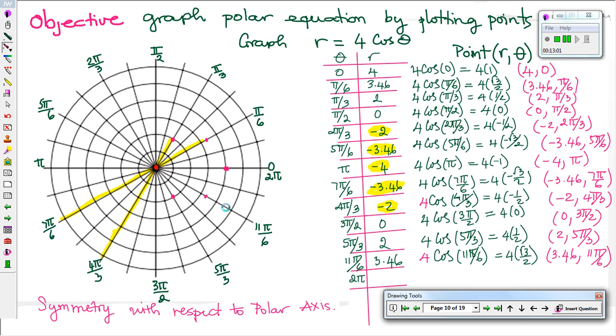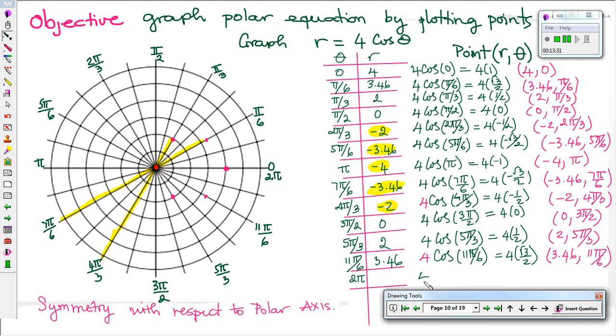So now we plot the point, so 11 pi over 6. This is the terminal side, and 3.46 is right here. So if you have noted, some of the points overlap. So it means that there are multiple representations for the same point.